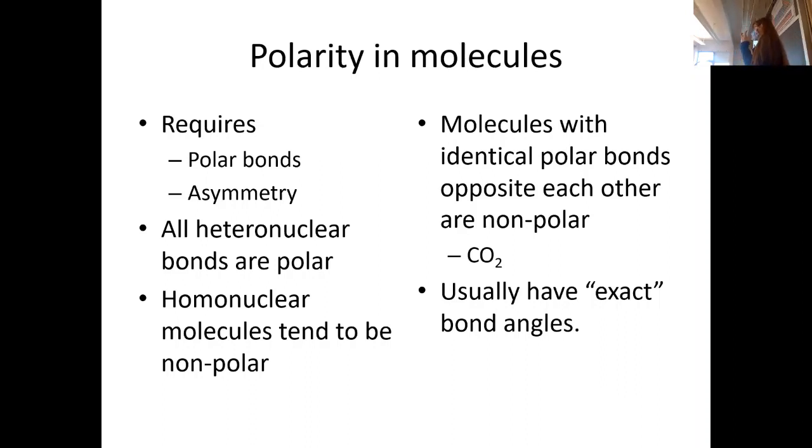If they are exact, and you'll know what that means in a minute, this is going to be a nonpolar molecule. I guess I didn't actually write that on, but nonpolar molecules usually have exact bond angles. Polar molecules are going to have something that is less than the ideal.